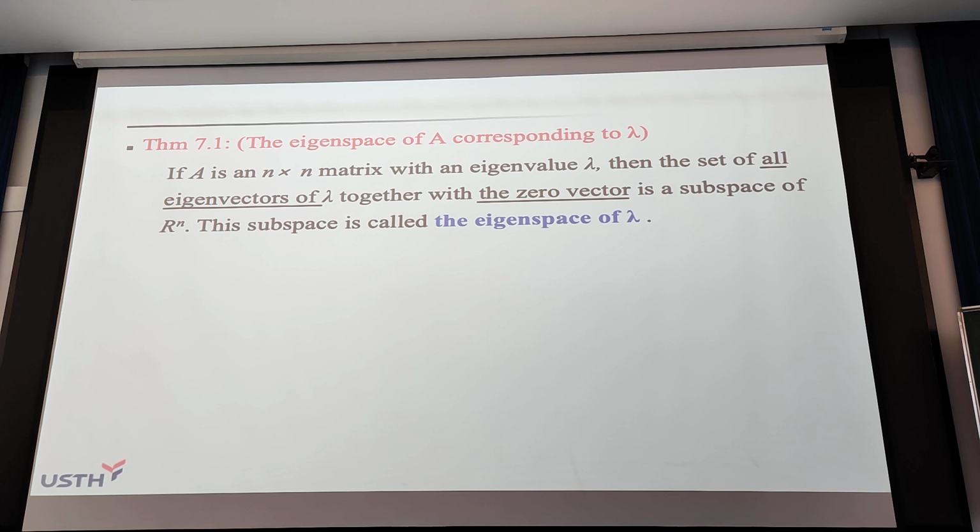Please remember that an eigenvector must be non-zero. So we need to add the zero vector to make it a subspace. A vector space always contains the zero vector, so here we need to add it.